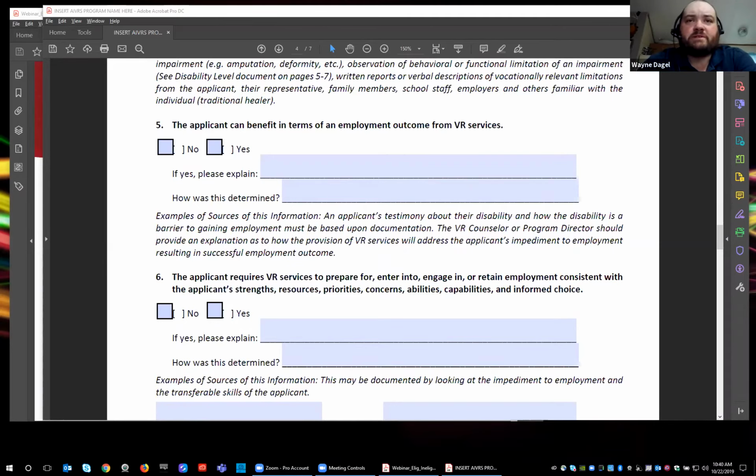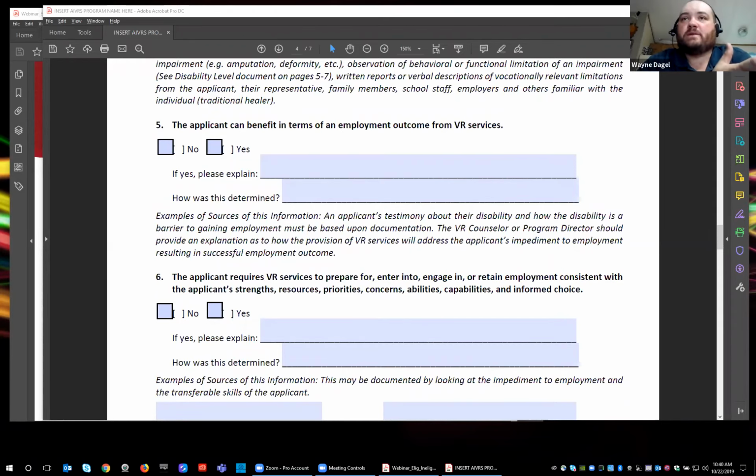Because this individual is able to do the work and is able to fill out applications and doesn't have impairments related to employability other than general accessibility and maybe some workplace accommodations, they wouldn't require VR services.